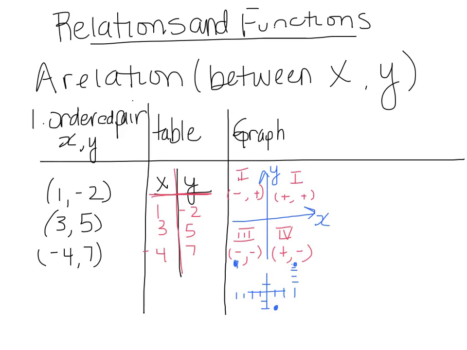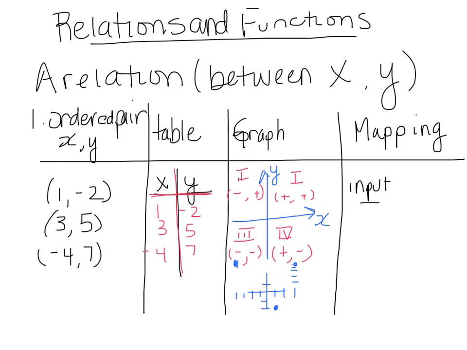Then finally, we want to talk about the 4th representation, called mapping, where you basically have a blob for the input. So here's your input, and we have a set. In that set for the input we have some numbers, 1, 3, and negative 4.